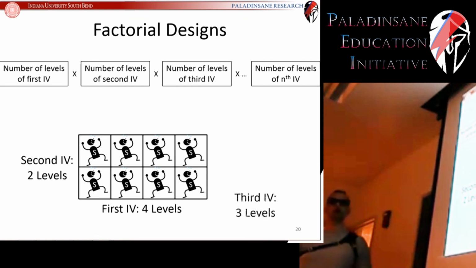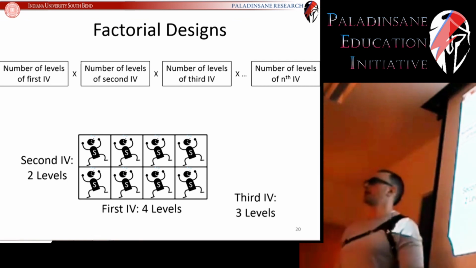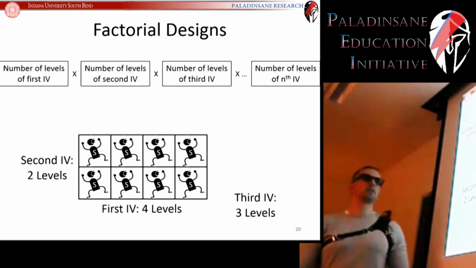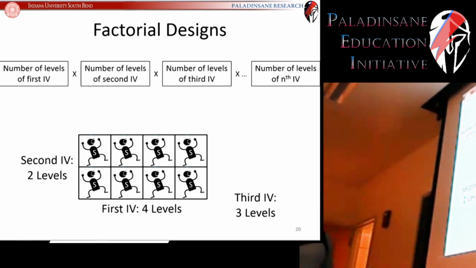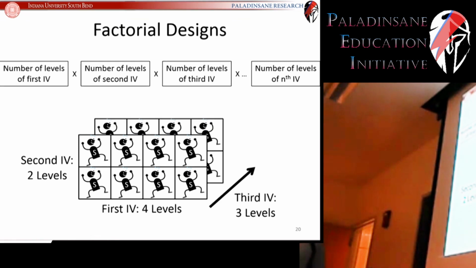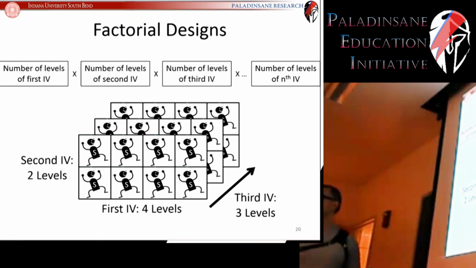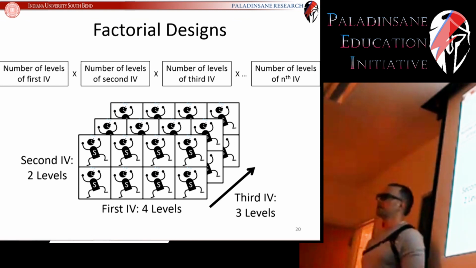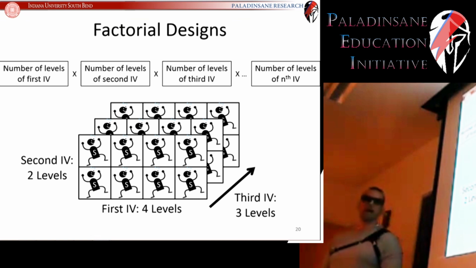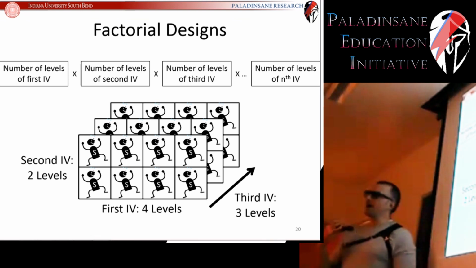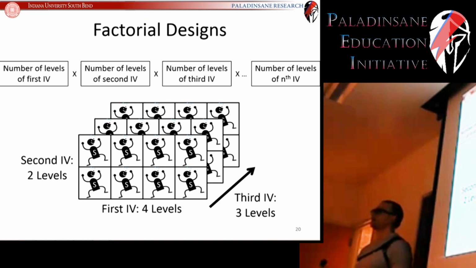And then you might say, I'm also interested in a third variable, time of day. Is your memory better at different times of day? I'm going to study all of these conditions in the morning, in the afternoon, and in the evening. And now we have 24 unique combinations. So you can see that it can get very complex very quickly.